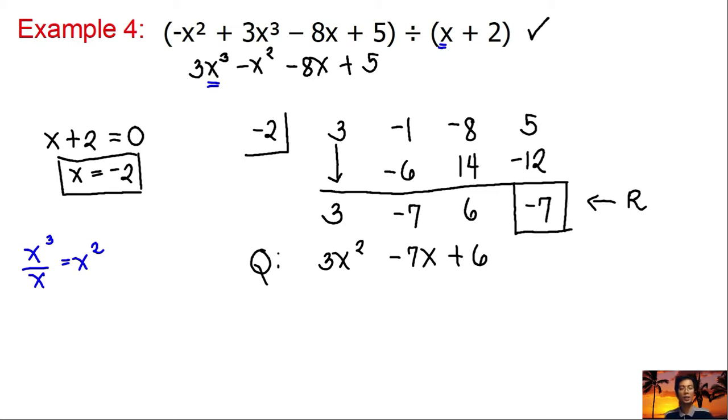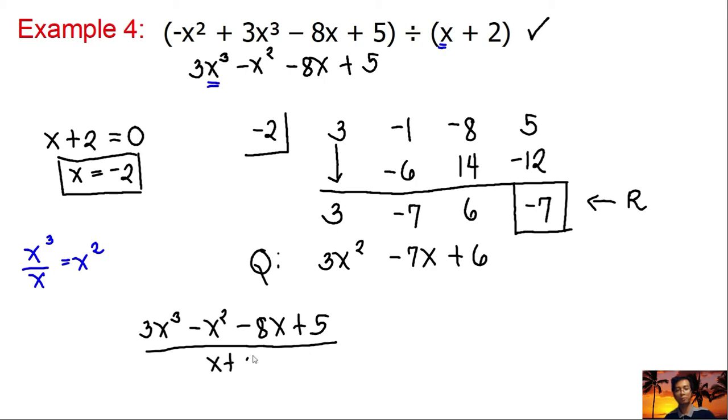Rewrite na lang natin siya sa form na dividend over divisor equals quotient plus remainder over divisor. So, ang dividend natin, iayos na natin. That is 3x cubed minus x squared minus 8x plus 5 all over our divisor x plus 2 is equal to our quotient 3x squared minus 7x plus 6 plus our remainder negative 7 all over our divisor x plus 2.